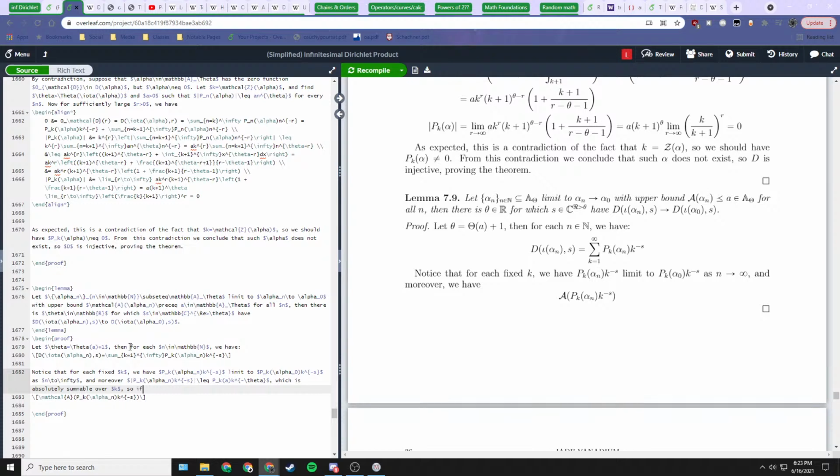So it follows from dominated convergence that the limit holds.